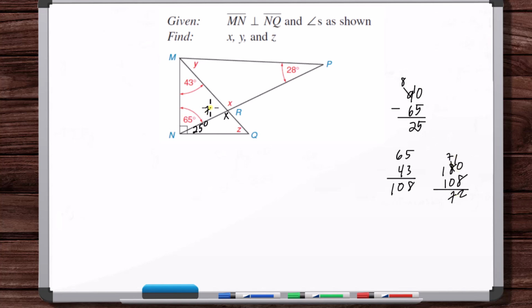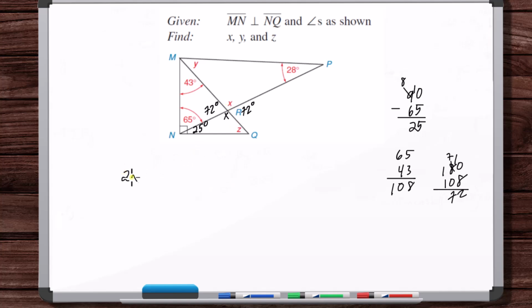So this is 72. And therefore, this angle here is 72, vertical angles. But now we know the sum of all of the angles going all the way around a point is equal to 360.